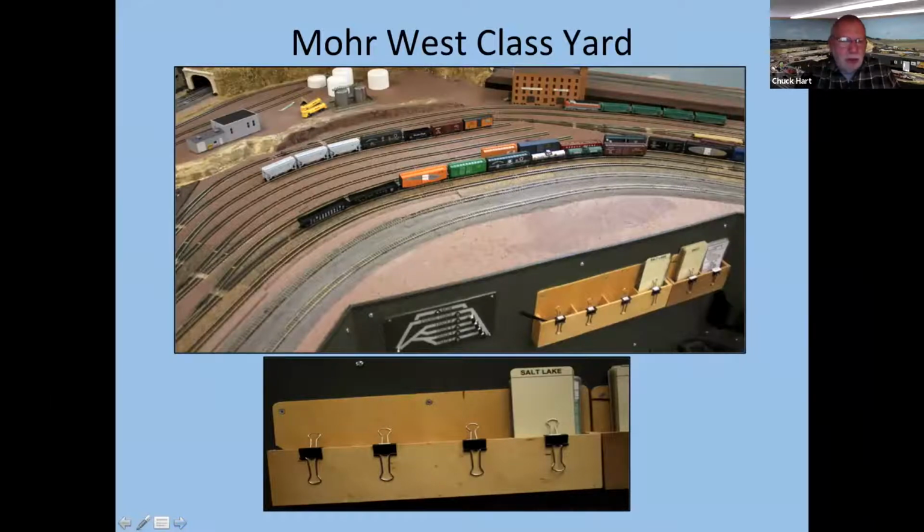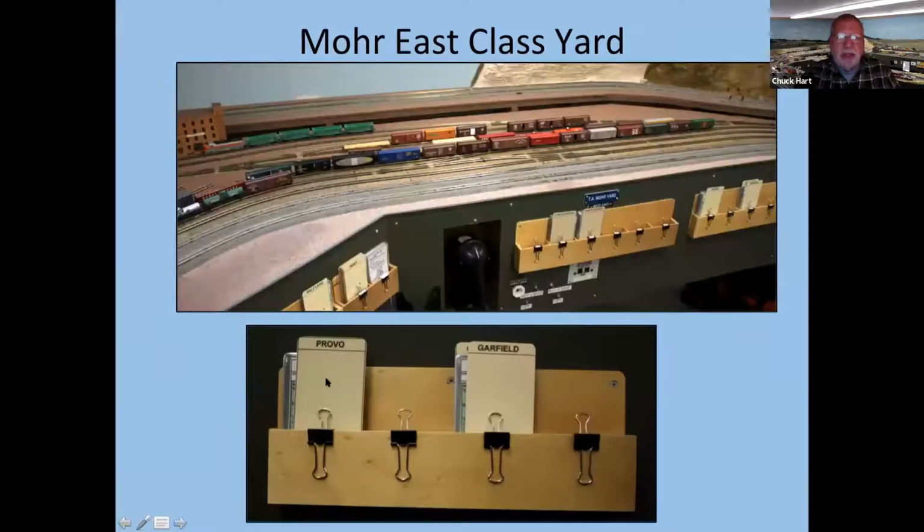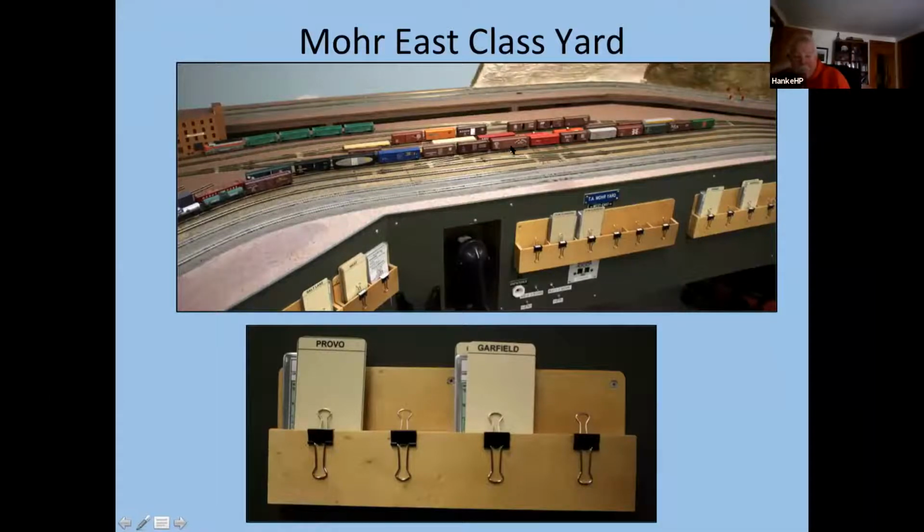So we go to the other side of this freight yard, and that's the east class track. And this employs the through type staging. And we see that there's 1, 2, 3 trains here. And then this one right here in the front is sitting on the AD track.